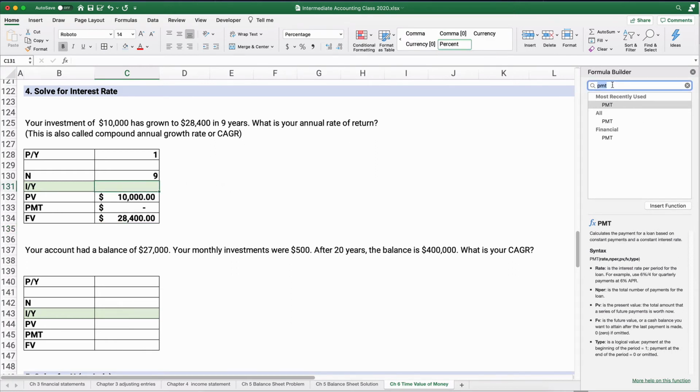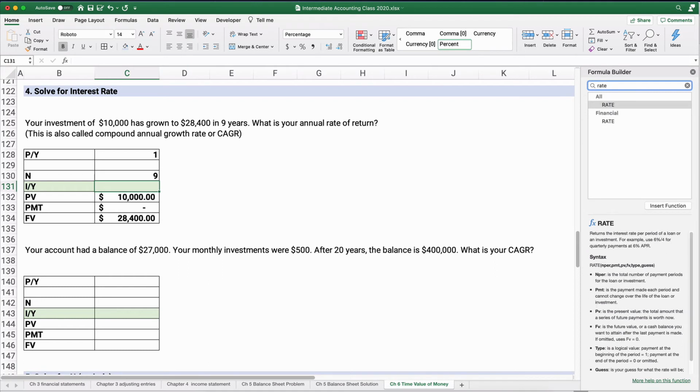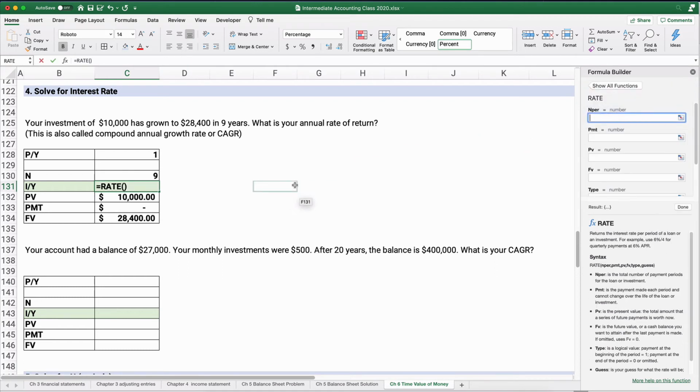The formula here is RATE. We're going to solve for the rate. The number of periods is 9. The payment is 0. The present value is 10,000. We need to make this a negative 10,000 because that's what we put in the account. The future value is going to be 28,400.